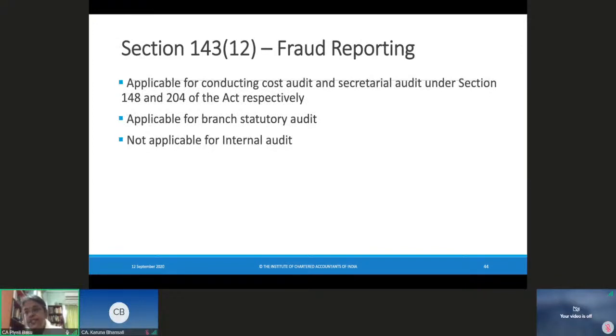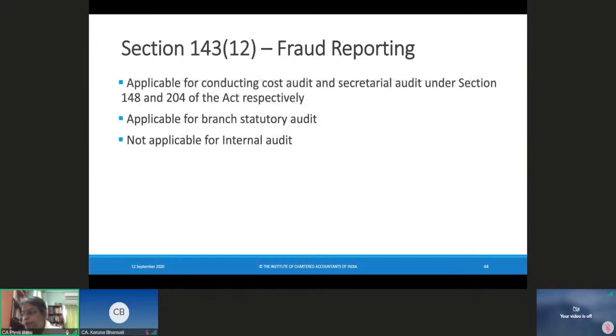These kinds of things are very difficult to identify. Some more examples as per the guidelines of the Institute: say a particular employee is carrying on a parallel business. He is an employee of a company carrying out such and such business, and the employee is also carrying out a similar business parallelly, whereby he is getting the benefit of the customers and vendors of this company.